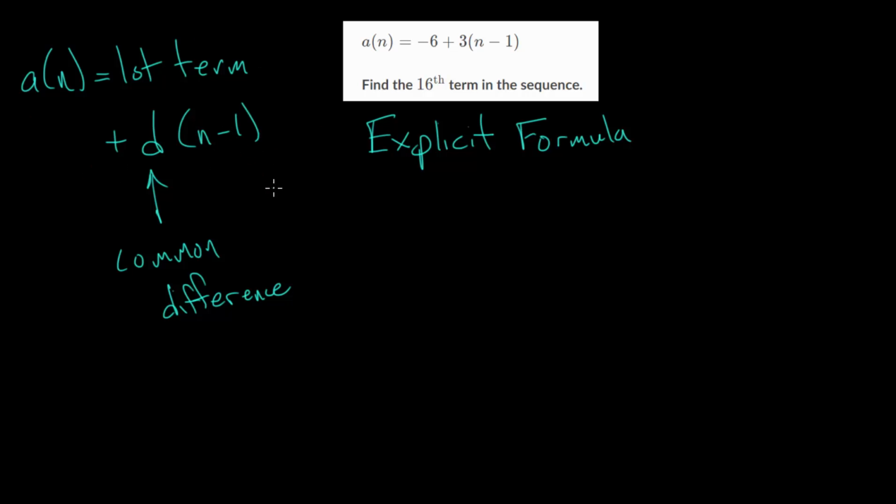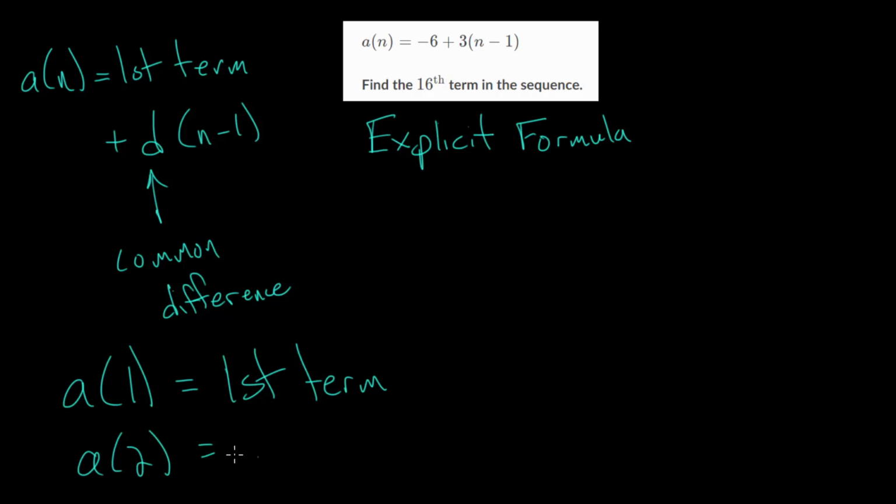Since in any arithmetic sequence, you take the first term and then you add that common difference a whole bunch of times. And we don't add the common difference for the first term. Since notice if you find A of 1, this just simplifies to 0 here, and you just get that first term. And for A of 2, we take our first term, and we're just adding d to that.